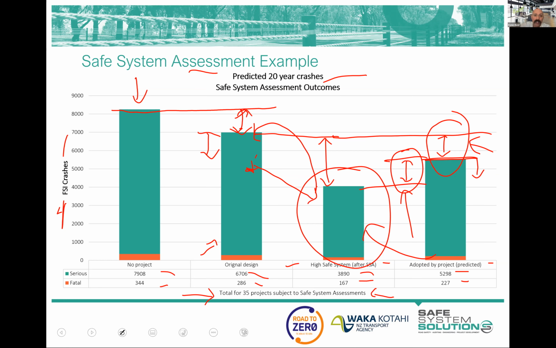So the infrastructure can do a lot, pretty much predominantly with infrastructure, but it can't do everything.